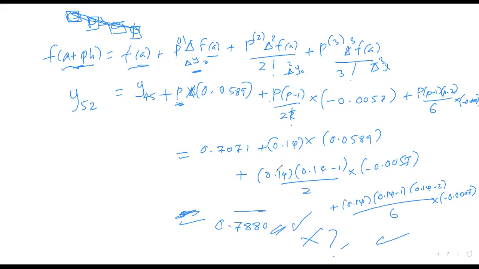Yes, 0.788032. We have taken 4 digits, isn't it? Most of the time we do, but it's okay. If they don't ask, you can put the full answer. Then after that, you just approximate to 4 decimals.